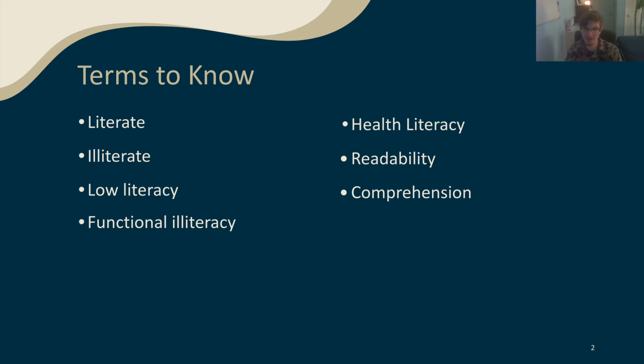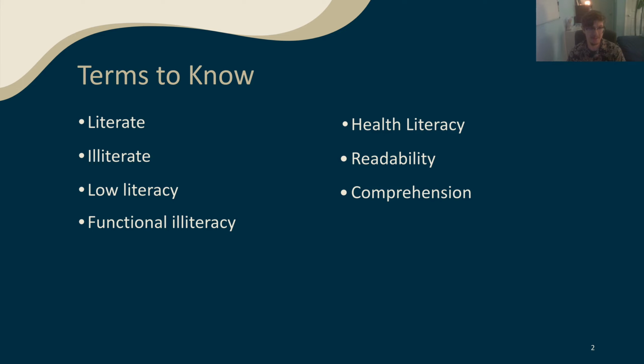And having higher comprehension skills and higher literacy tends to lead to better salaries, more promotions, and these benefits tend to also pass on to your children as well. So basically, the more you read, the more you comprehend, and the more you comprehend, typically the better quality of life you have in general.